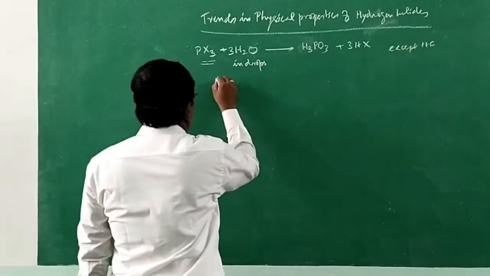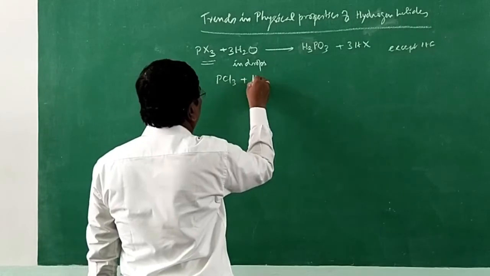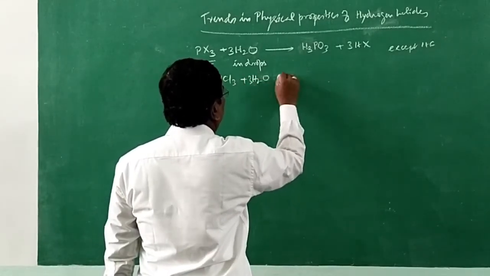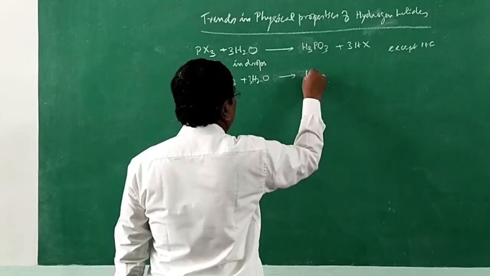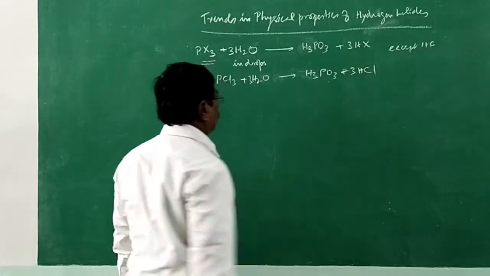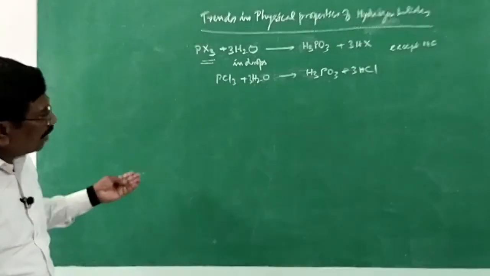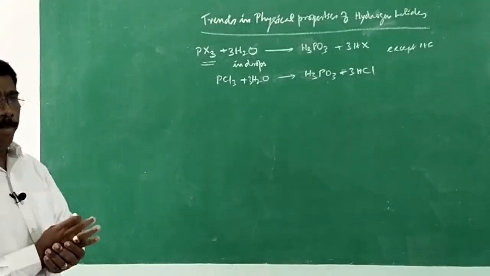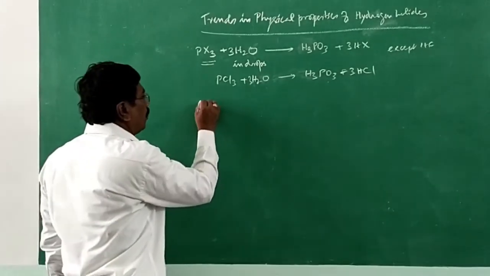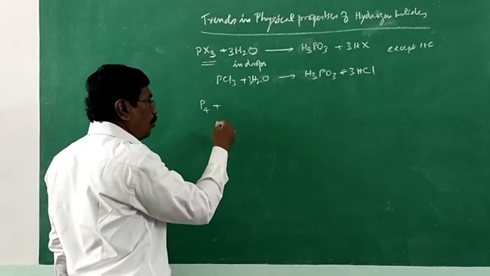Here, PCl3 can be made to react with water to give H3PO3 plus 3 HCl. Or else phosphorus can be made to react with chlorine, or bromine or iodine.